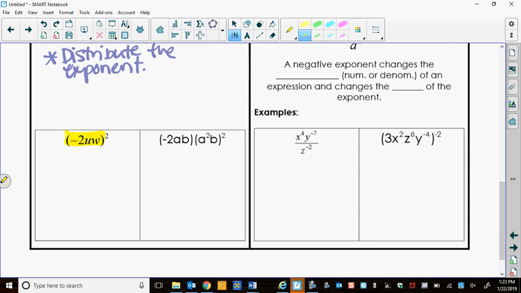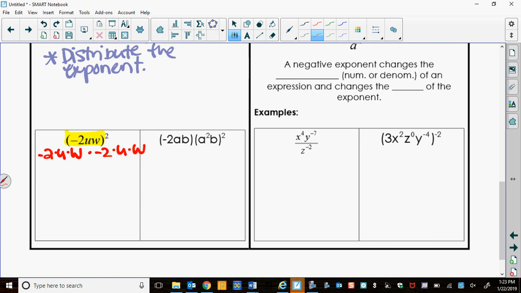All of that is my base. So remember that anything that's in the base is being copied by however many times you have that exponent. So in this case, I have to copy what I've highlighted 2 times. So it'll look something like this. -2 times u times w times -2 times u times w.